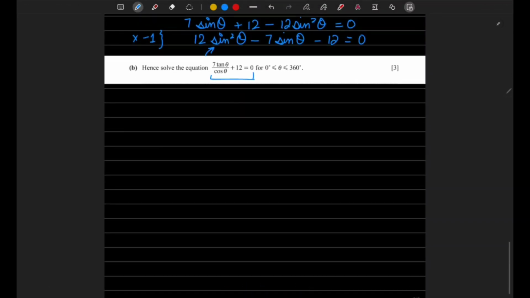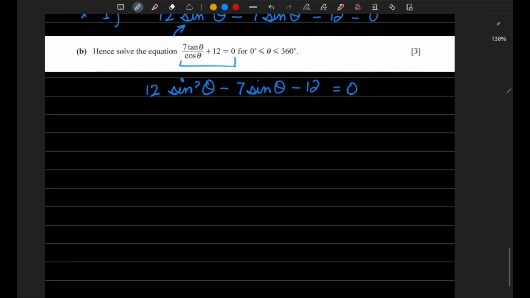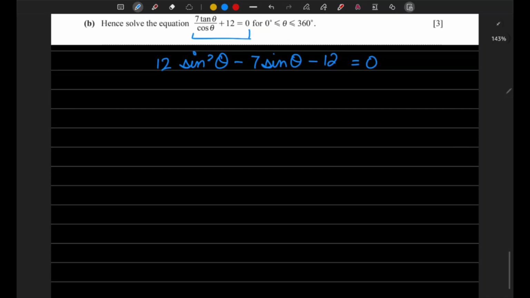So it becomes 12 sine square theta minus 7 sine theta minus 12 equals 0. Now this is a quadratic equation. We can directly solve it as it is, or you can substitute sine theta with any other variable like x or t, and then solve this quadratic equation. I'm doing it directly.